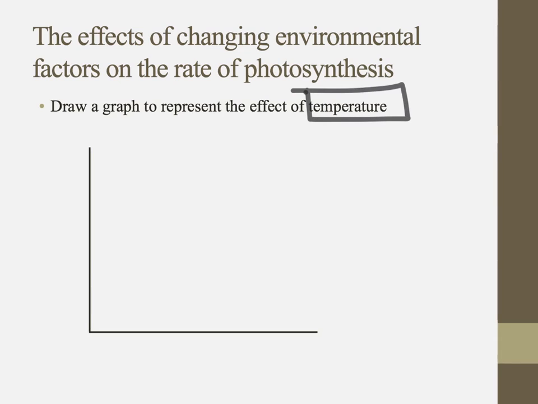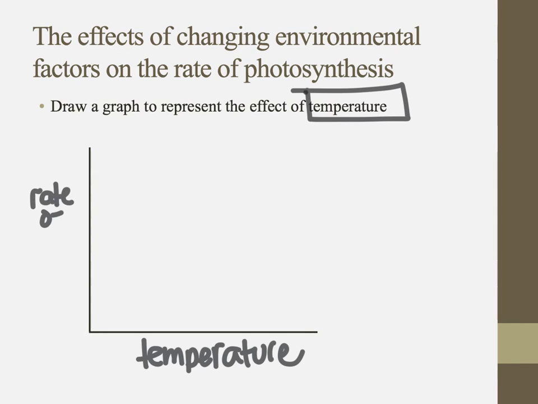Let's do temperature first. I'm going to put temperature down here on my x-axis, remembering that every photosynthetic organism is going to have a different optimal temperature. And on my y-axis, this is going to be rate of photosynthesis.